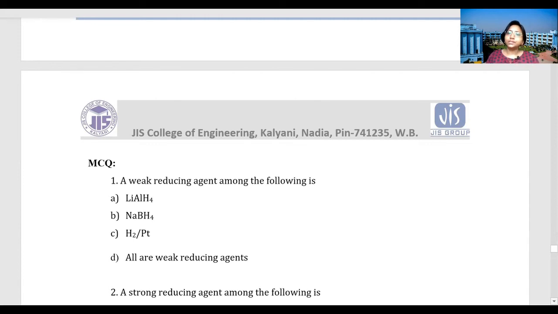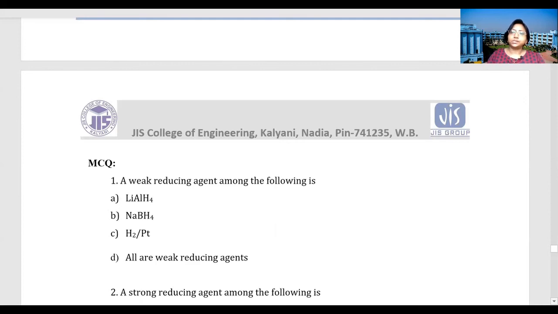And in the reduction part, you have also learned the different reducing agents, which one is the weak reducing agent and which one is the strong reducing agent. Like if the reducing agent is very strong, it can directly convert a ketone to alkane or alcohol.